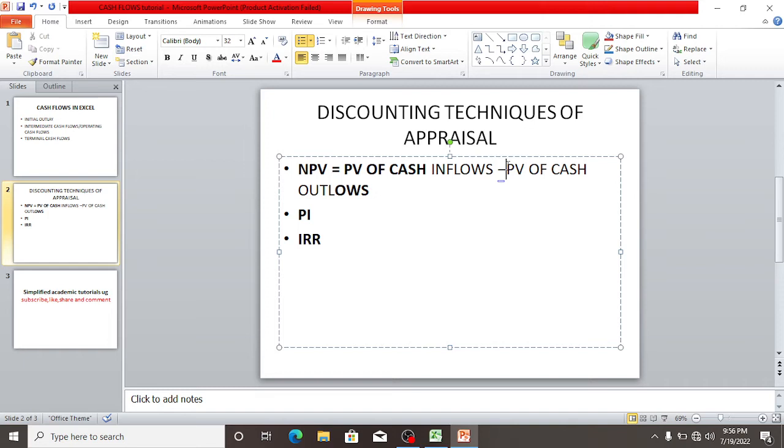There is a scenario when present value of cash inflows is equal to present value of cash outflows. There, the decision rule can be indifferent. You will not get any profit, but you can invest in a project.